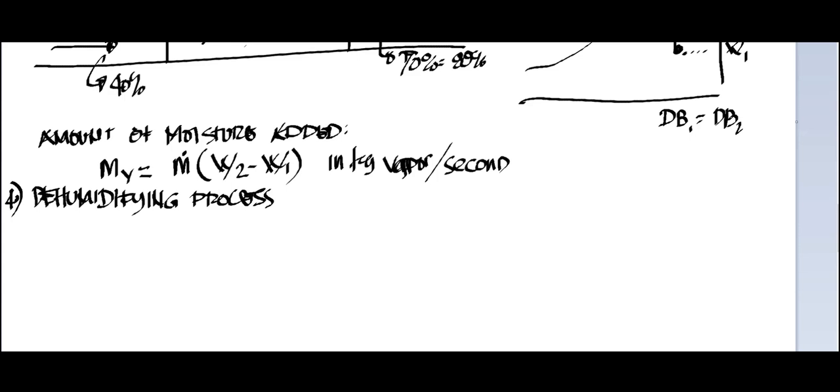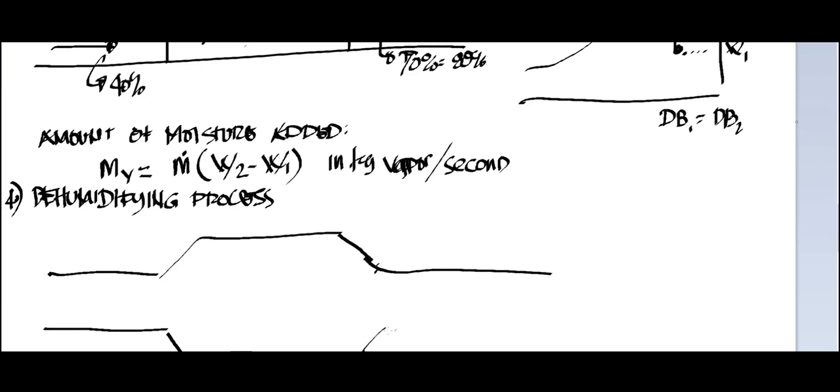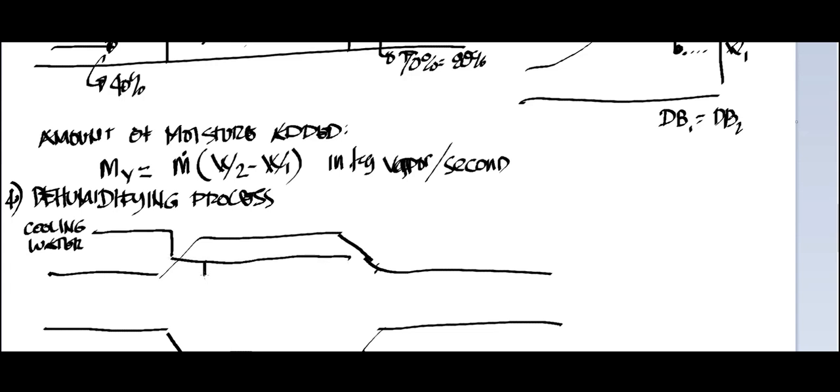So we have your application, this one using the air washer. So this is also the duct. Then this time we're providing cooling water here. So the cooling water, then we're going to spray it in the air washer. So the moisture content will be lessened as the air enters.